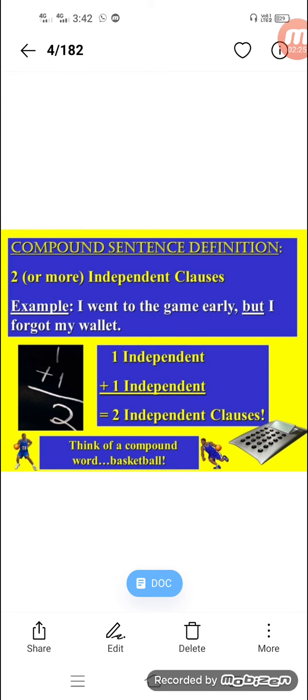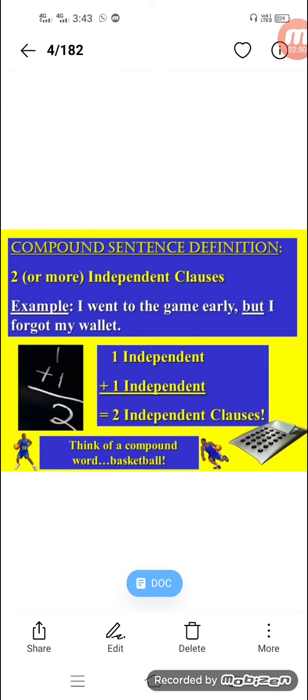There are many coordinating conjunctions like but, and, or, either or, neither nor. These are the coordinating conjunctions. That means this conjunction will coordinate two independent clauses. That's why we can simply call it a compound sentence, right?